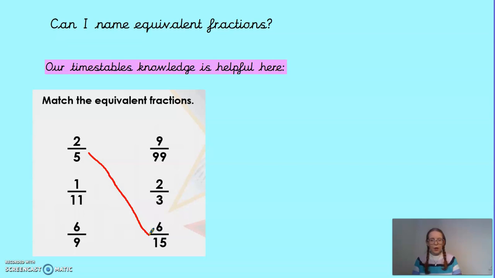Now, the next one I had a look at, and it quite quickly became clear to me what the connection was, because 11 doesn't have a factor of 3, but it does have the multiple of 99. And then 1 and 9, obviously, can be times by 9 to get to 9. And that leaves us with 6 over 9, or 6/9, and 2 over 3, or 2/3.